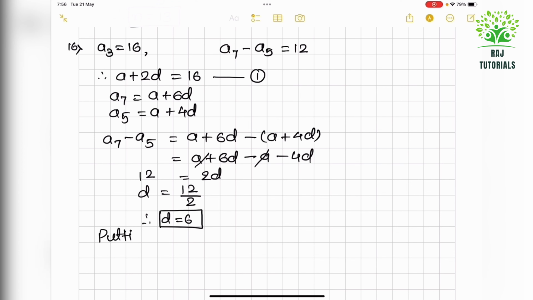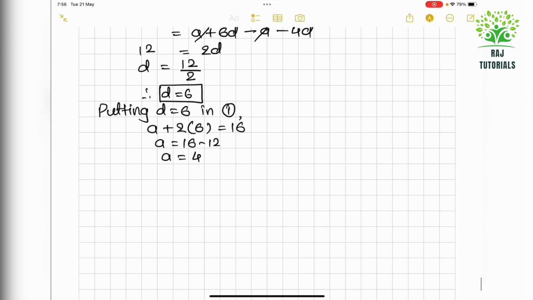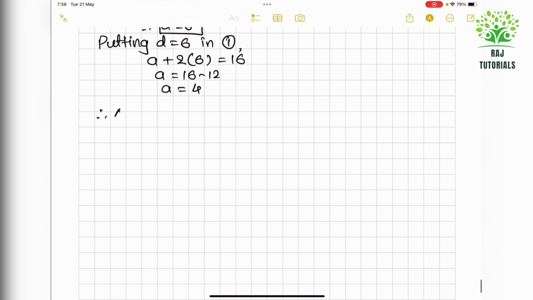Now putting D equal to 6 in 1, A plus 2 into 6 will be equal to 16. So A equal to 16 minus 12. So A equal to 4. Therefore AP is 4, 10, 16, 22 and so on.